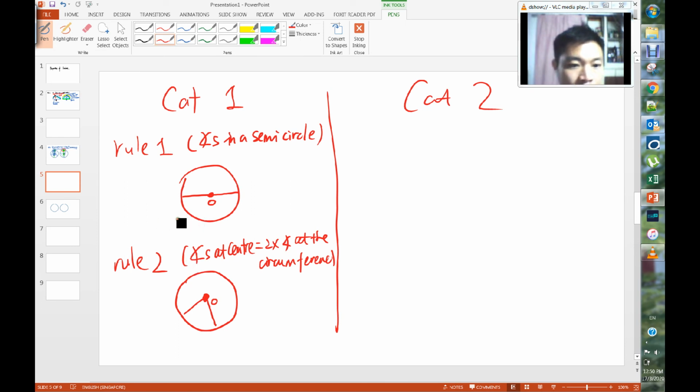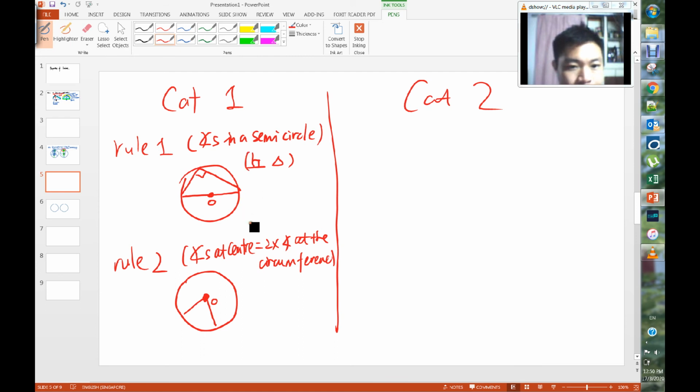So if you have this diameter, and you form a triangle inside this semicircle, you should be getting a right angle triangle.